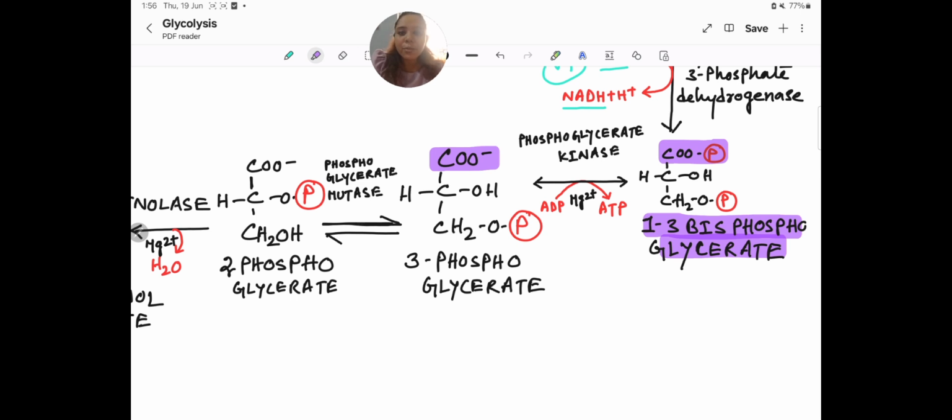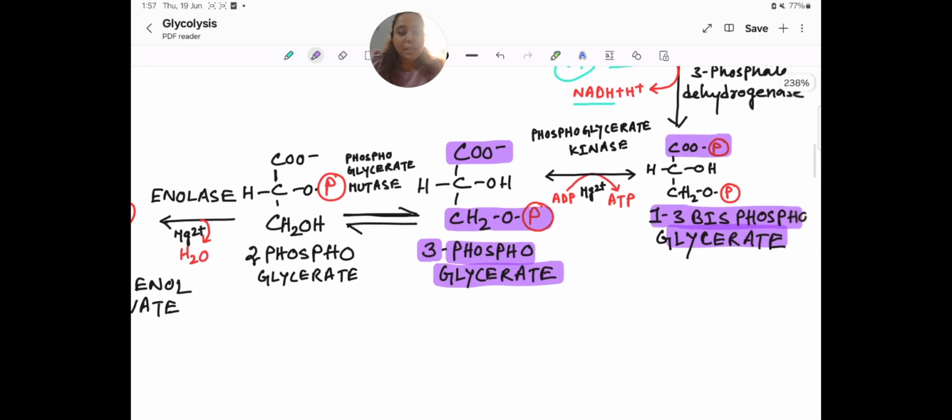It's free from phosphate, there is no hydrogen, so COOH will convert to COO minus. The second carbon remains the same, HOH. The third carbon is CH2OP, also the same as previous. So this compound is named for the phosphate group on its third carbon, that is 3-phosphoglycerate.